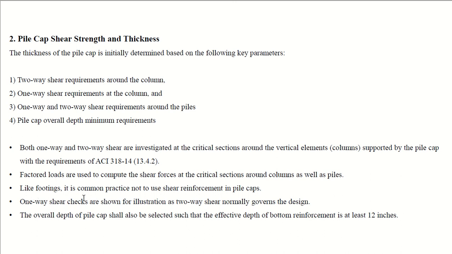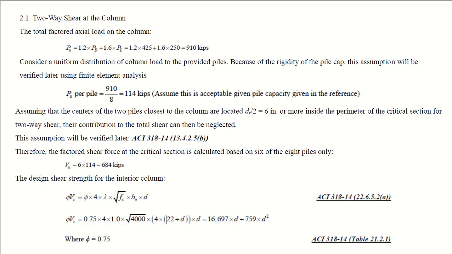Like footings, it is common practice not to use shear reinforcement in pile caps. One-way shear checks are shown for illustration, as two-way shear normally governs the design. The overall depth of pile cap shall also be selected such that the effective depth of bottom reinforcement is at least 12 inches. Okay, so these points need to be observed while designing the pile cap depth.